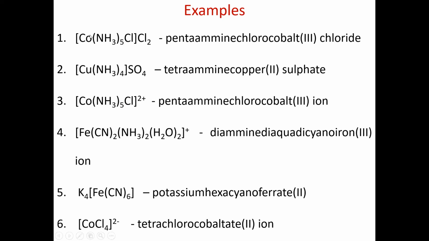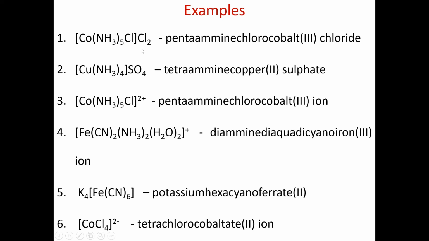No matter that in writing you start with the metal, in naming we start with the ligand. So for this, the prefix is how many here? 5. So that is penta. And your amine is A, your chloro is C. So your amine will come before your chloro, because we name the ligands alphabetically.